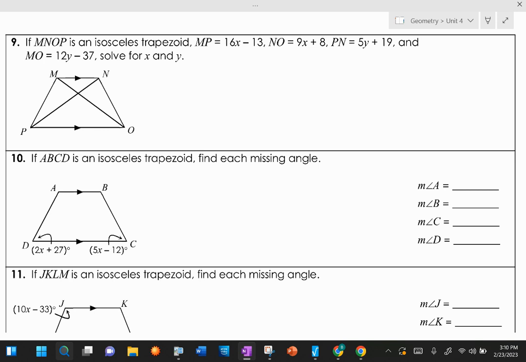Number 9. Flip it over to the back. I think you got the original, Gray. What? Is it? Just grab another one out of the stack, Gray, if you need to. I think you accidentally grabbed the original.